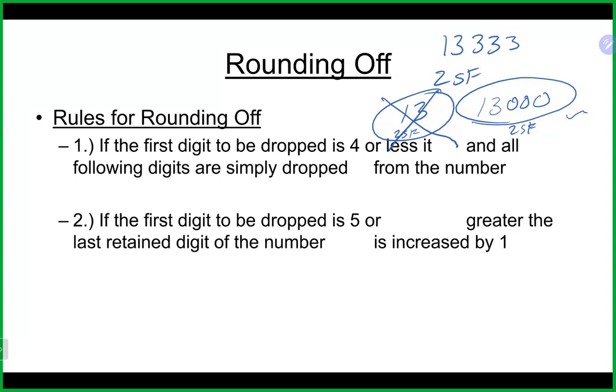So there's a very big difference in the meaning of those two numbers. Even though they both have two significant figures, you probably wouldn't be happy if I owed you 13 grand and I just gave you $13 and said, hey, it's two sig figs, right? It doesn't represent anywhere near what the value should be. So you don't want to change the meaning of the value by rounding. You want to maintain the meaning and you want to maintain the right sig figs.